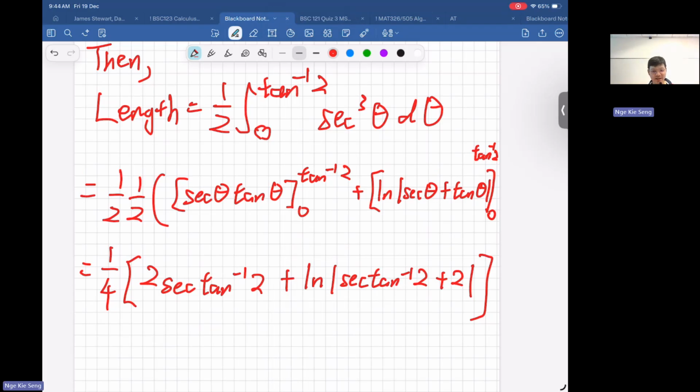Now we check using an online calculator. Let's check.